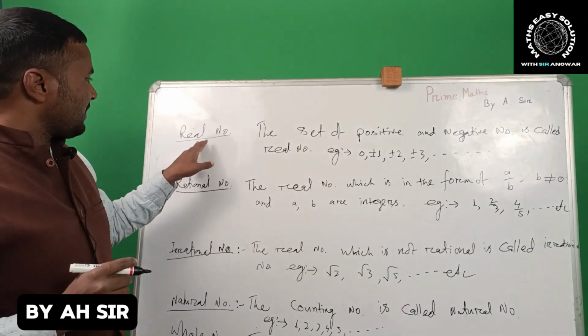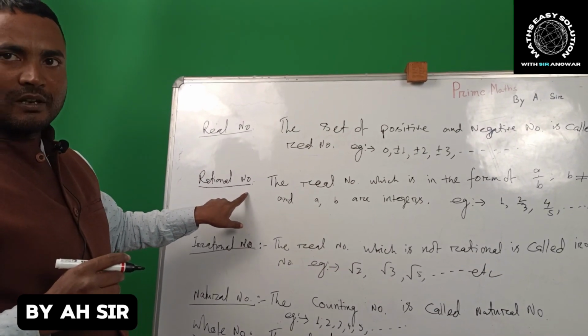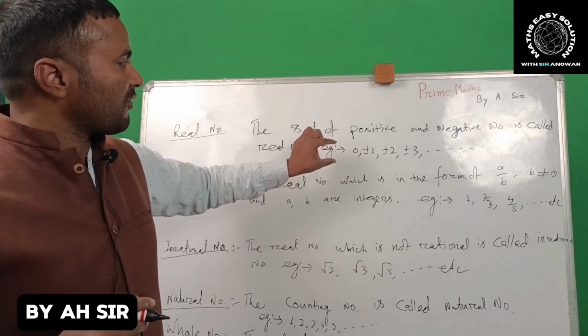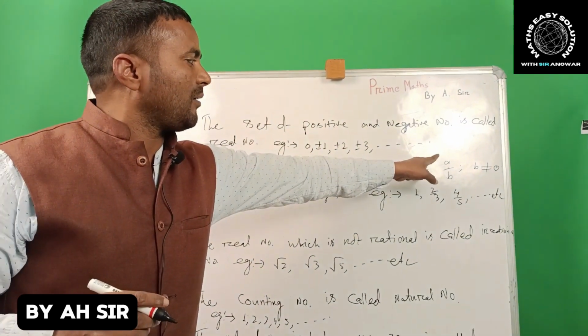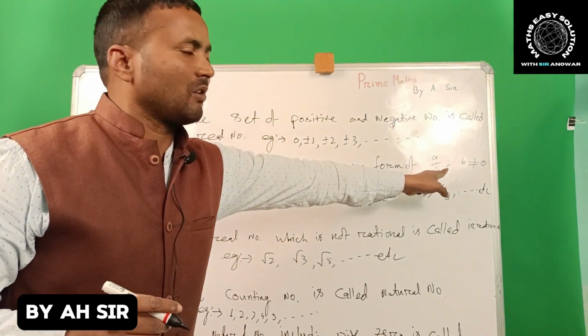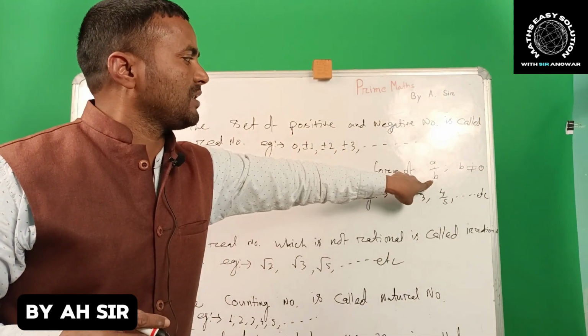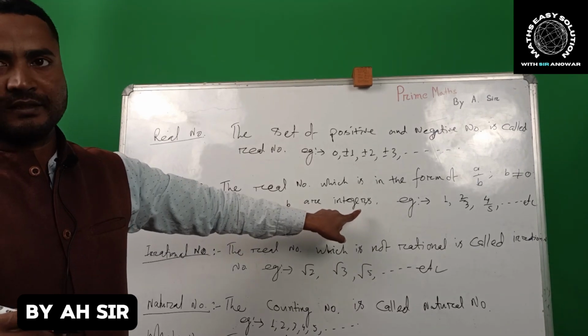Now after real numbers we have rational numbers. Rational numbers are real numbers in the form of a by b, where b is not equal to 0, meaning b cannot be 0, and a and b are integers.